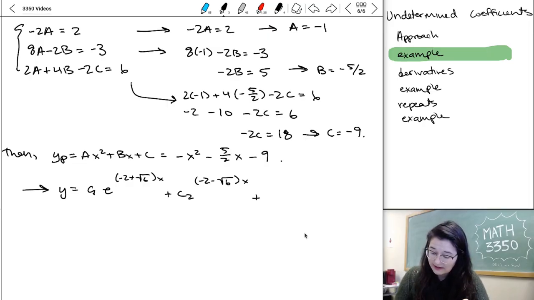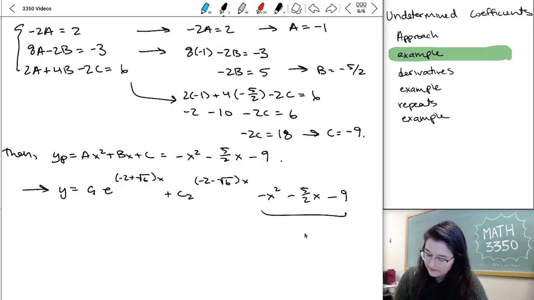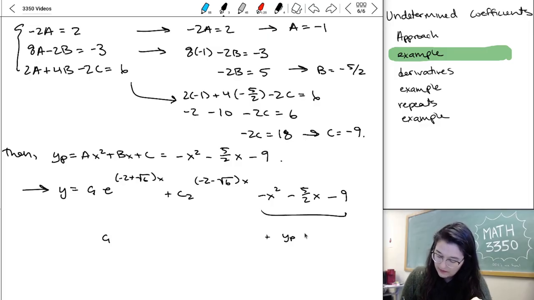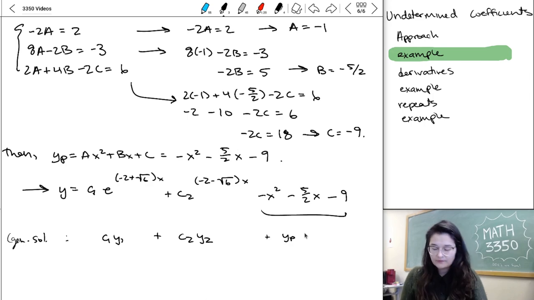And for us, that's minus x squared minus 5 halves x minus 9. So that's c1 y1 plus c2 y2 plus yp. General solutions are given by that.